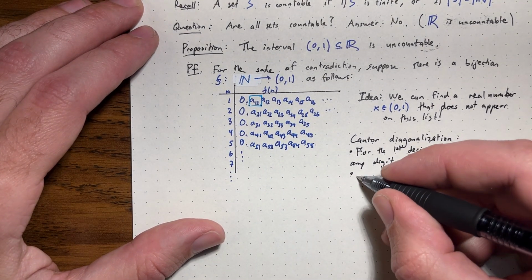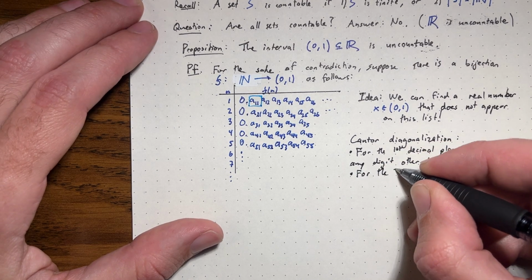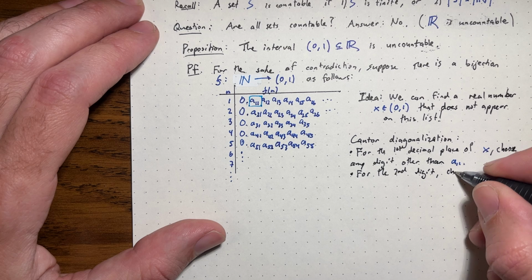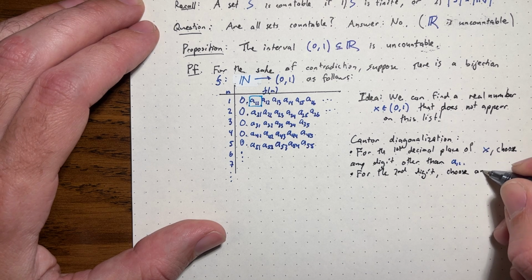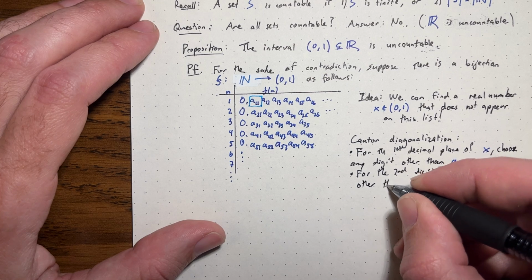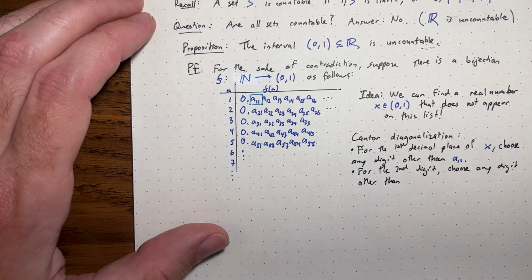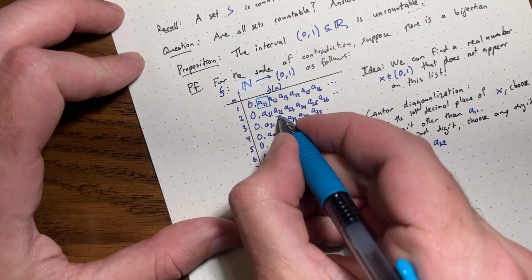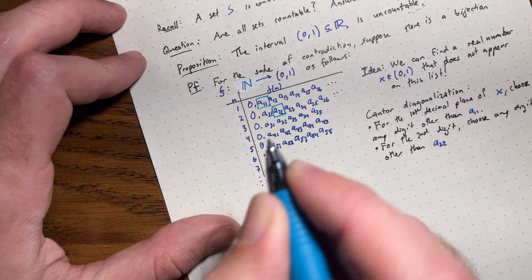And then you continue in the following manner. For the second digit, choose any digit other than A22. So you go diagonally. That's the diagonalization.